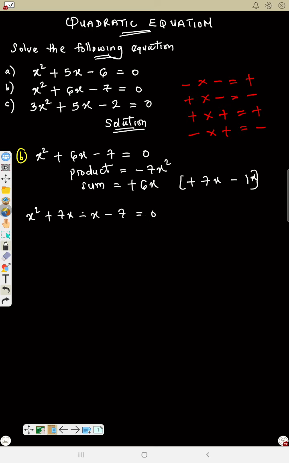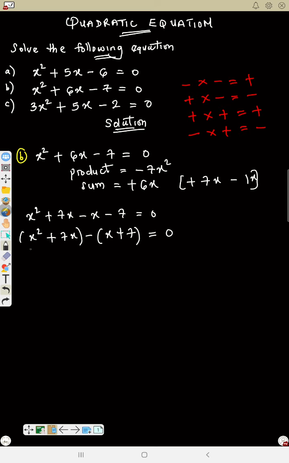And I told you anytime you have minus, if you put brackets, it must affect. So s squared plus 7s in a bracket, minus, then open a bracket, s plus 7, because minus times minus changes to plus. If there is no bracket, leave it as minus, but immediately you put a bracket, you have to multiply, so minus times plus goes back to minus, equals 0.